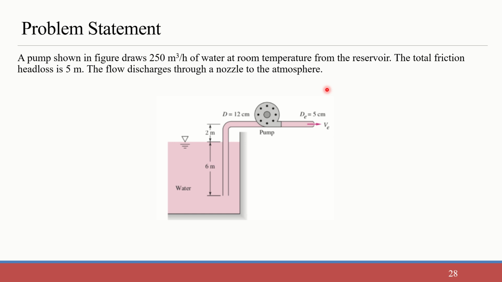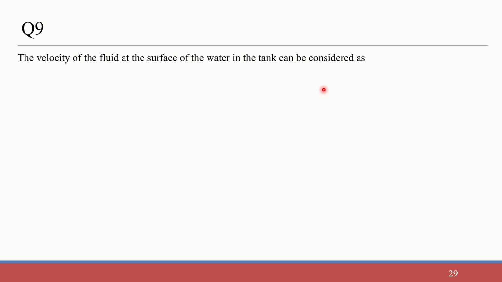Now we will see what is asked related to this particular statement. Question 9: The velocity of the fluid at the surface of the water in the tank can be considered as dash. Option A 0 meter per second, option B 1 meter per second, option C 2 meter per second, option D 4 meter per second, option E 6 meters per second.